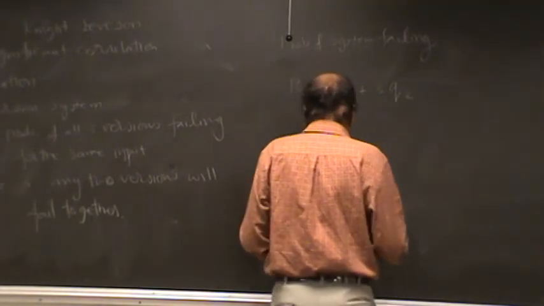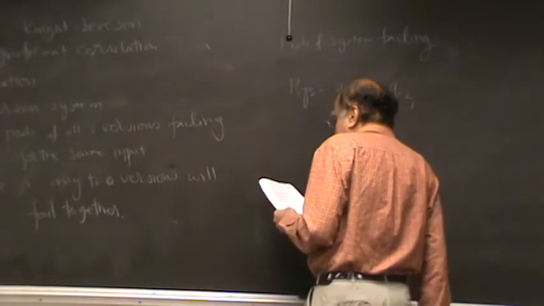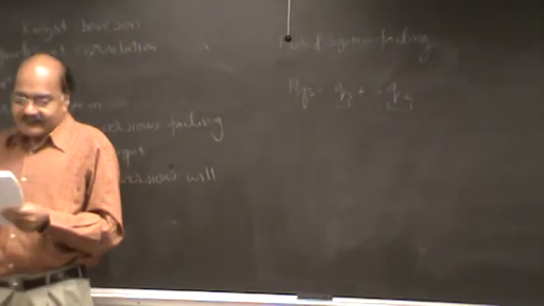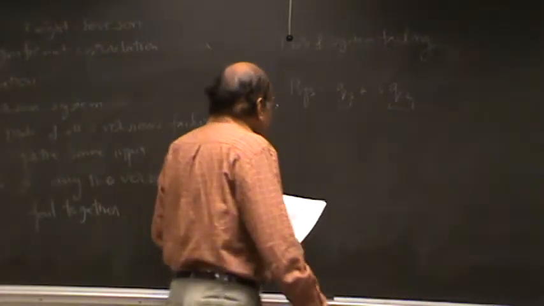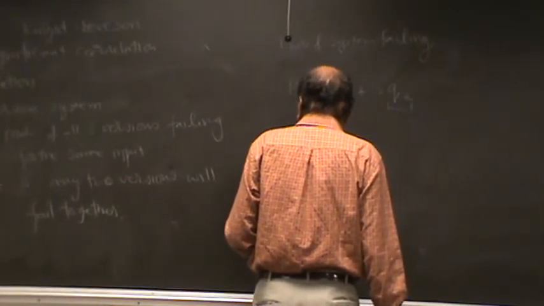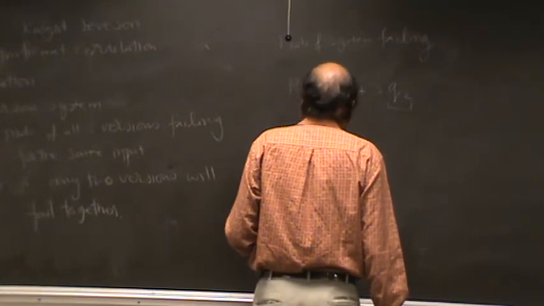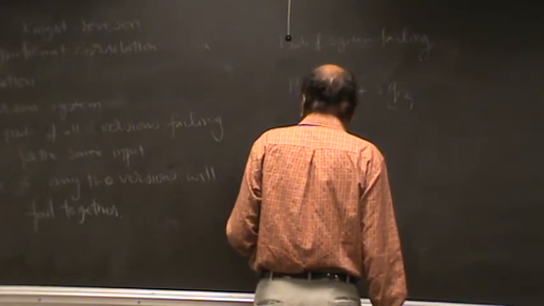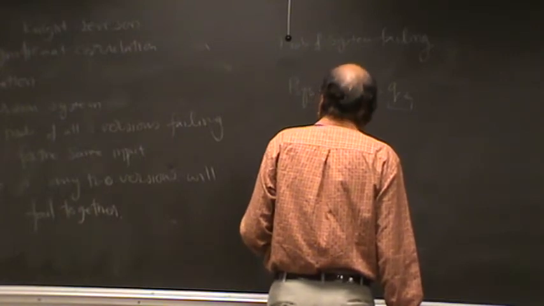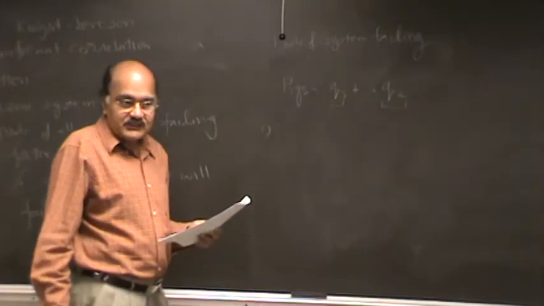And these are the values that he plugged in, the values that were collected by Knight and Leveson. So we are going to do that, but let's do it two different ways. First, assuming no correlation.